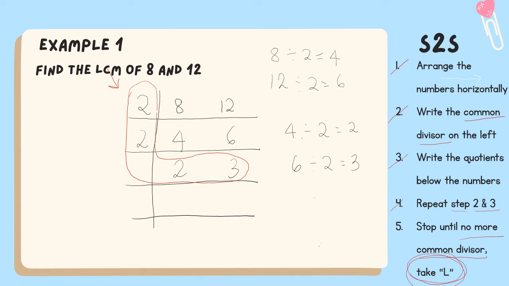So if you can see, there is a big letter L here, which stands for the L in lowest common multiple.